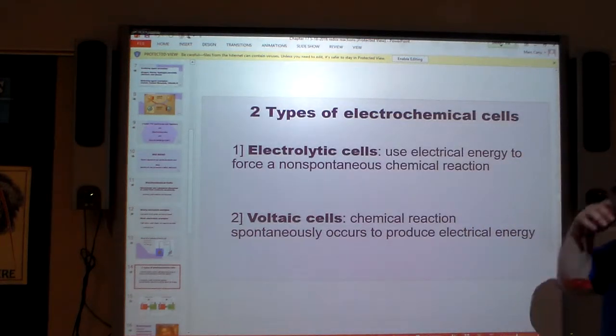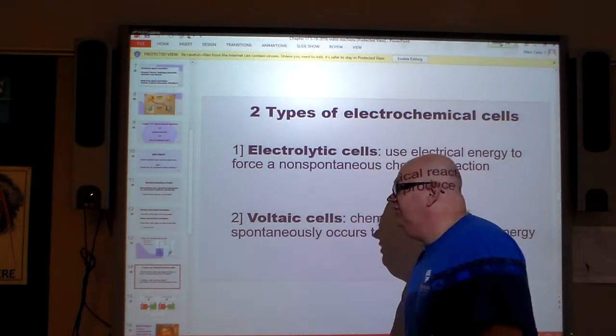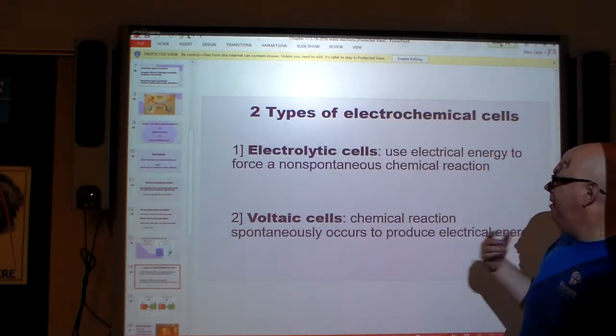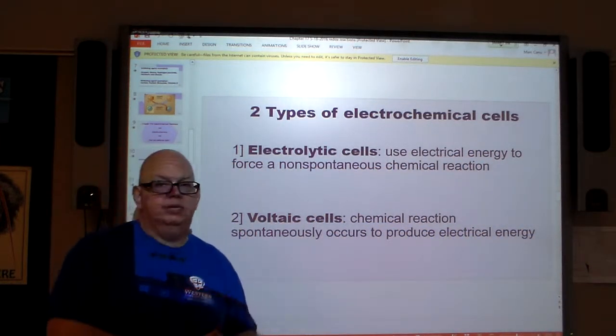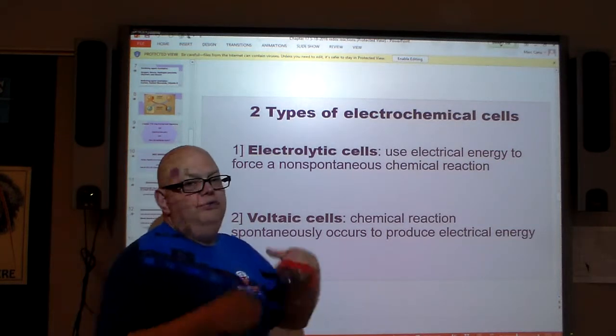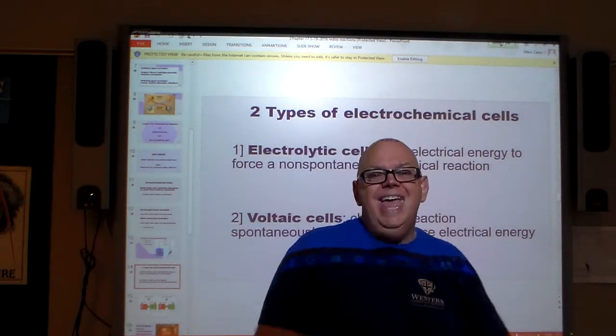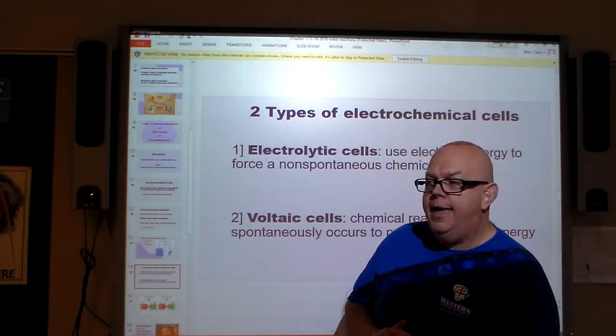There are two kinds of electrochemical cells out there. One's electrolytic, the other is voltaic. The idea is looking at spontaneous chemical reactions versus non-spontaneous. In an electrolytic cell, you have to put electricity into it in order to make the cell work the right way.